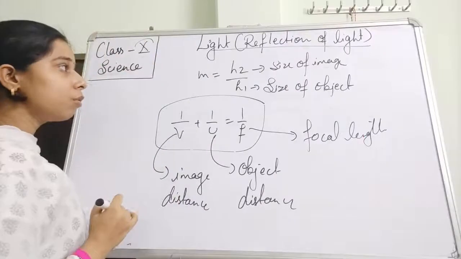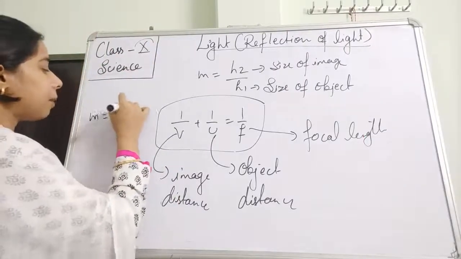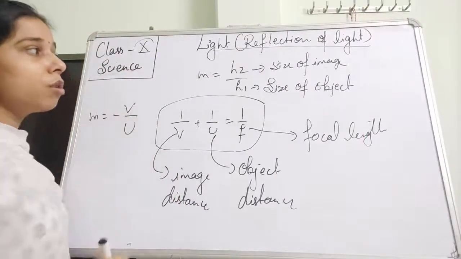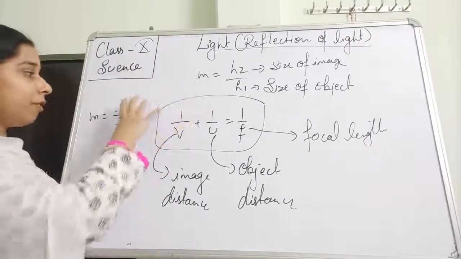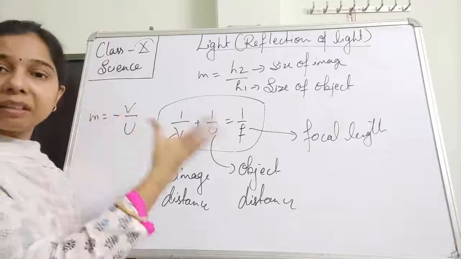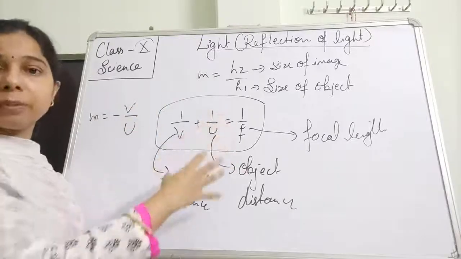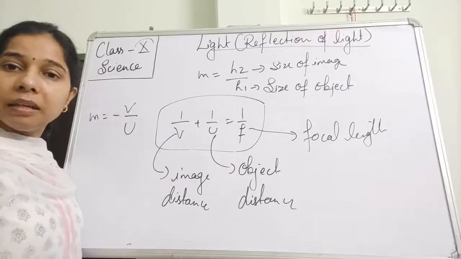We have also known that m can also be found by minus v upon u. So if any two are given, we are able to get the other one, or if any three are given, we are able to get the other one very easily.